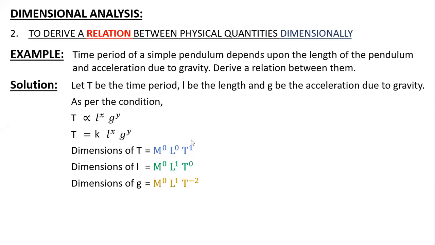Once you know all the dimensions, now just substitute those dimensions in the relation. So your given equation will be represented in form of dimensions as T equal to k times dimensions of L the whole power x, dimensions of g the whole power y.